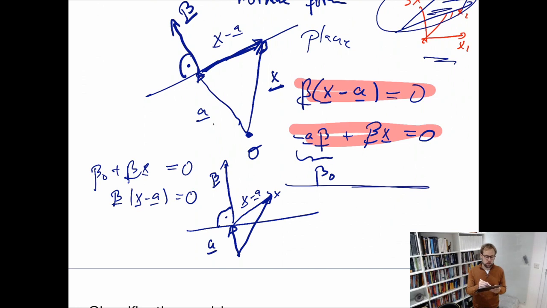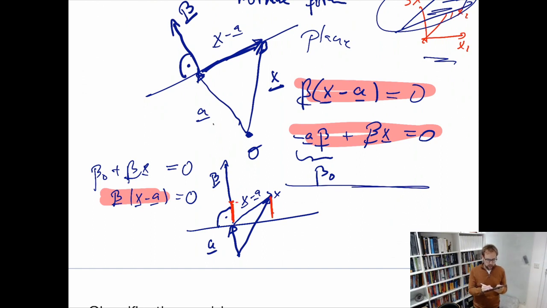Otherwise, what is actually this dot product here? What is this expression? This is just the projection of the vector x minus a onto beta. So the length of this projection is this distance here.